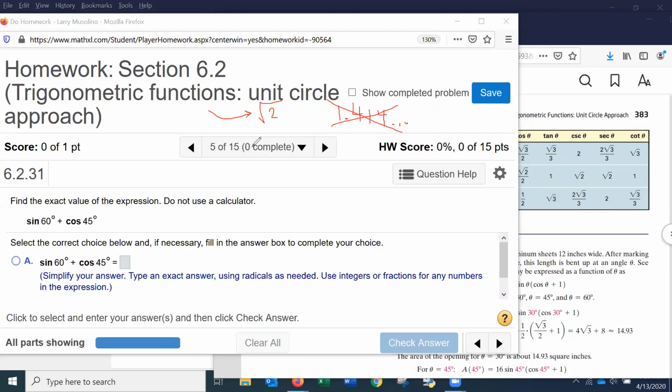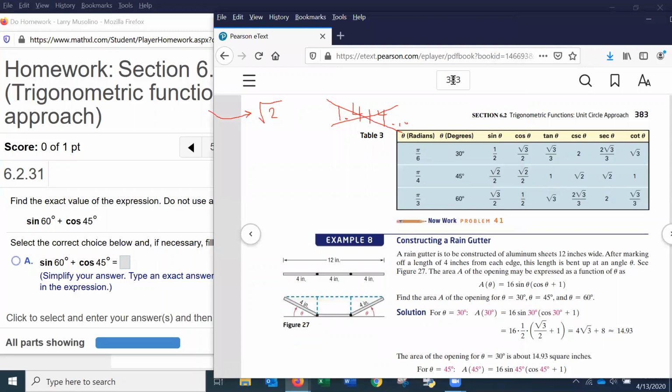All right, well, what I could do here is use what's called the unit circle. And if I go to our textbook, there's a little bit of assistance here. Let me go to our textbook, and I'm going to come here to page 383. You might notice on this page, it's giving me a table with values of the sine, cosine, tangent, and so on for these angles, and they're giving me the angles in both degrees and radians. So 30 degrees is the same as pi over 6 radians.